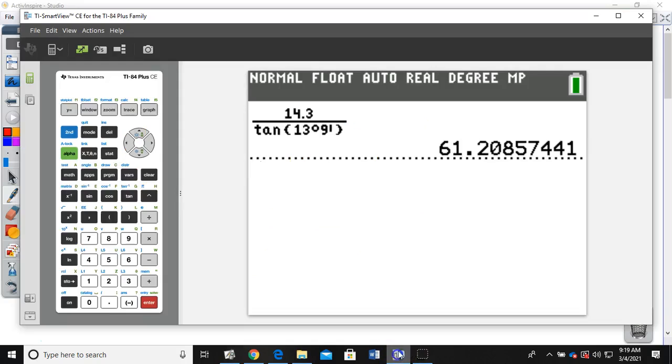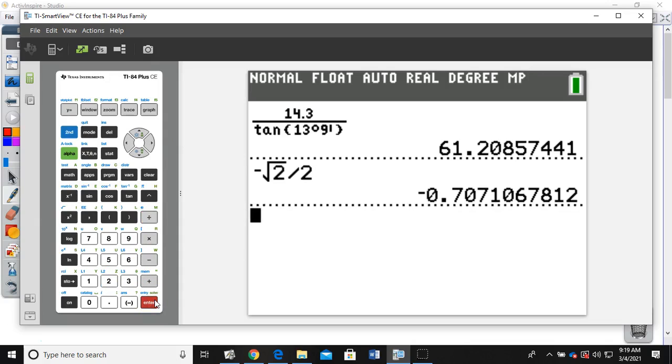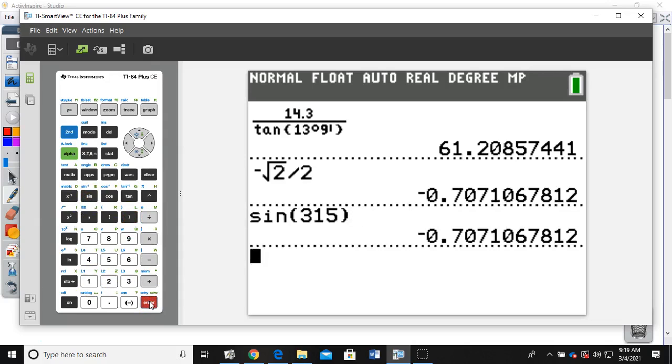The great thing about these answers is you can check them and make sure they're right. So if I wanted to check them, I know my answer needs to be negative square root of 2 divided by 2. So I'm going to get that decimal. And then I say, all right, sine of the first answer we got was 315, correct? Is the sine of 315 the same thing? Yes. Are those equal decimals? Yes.